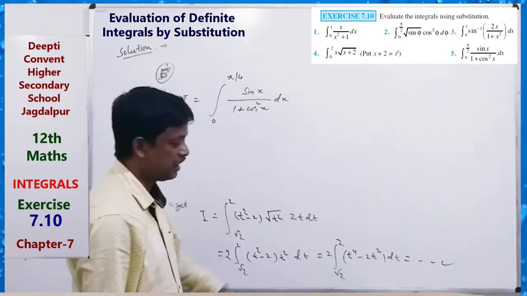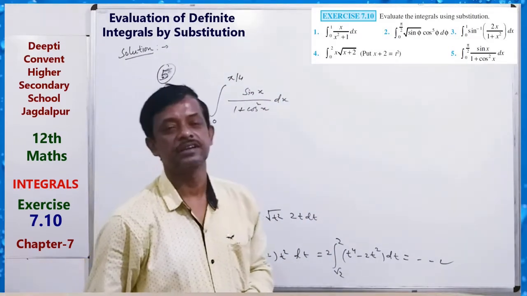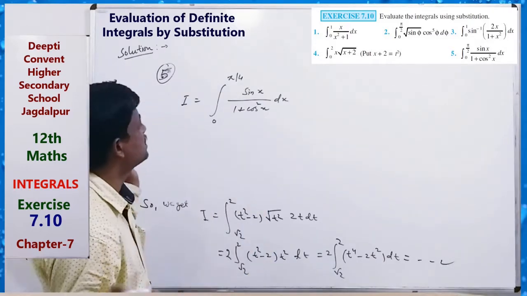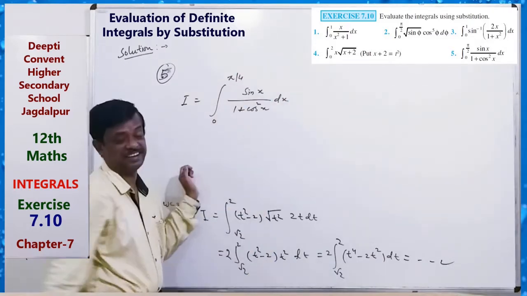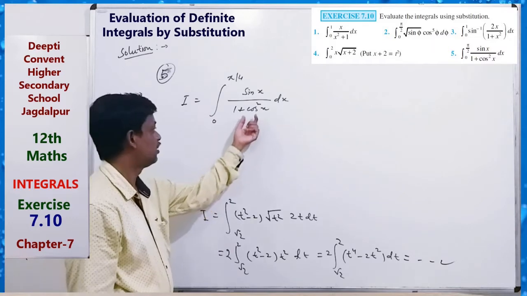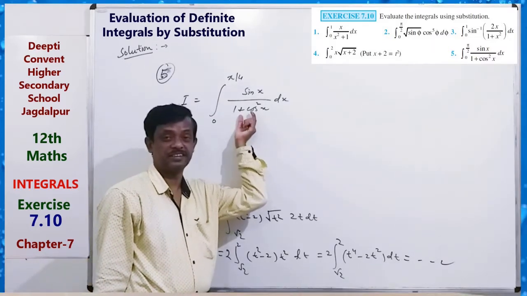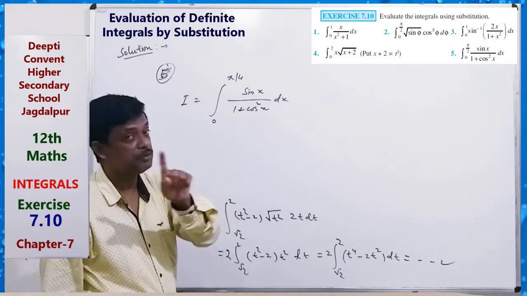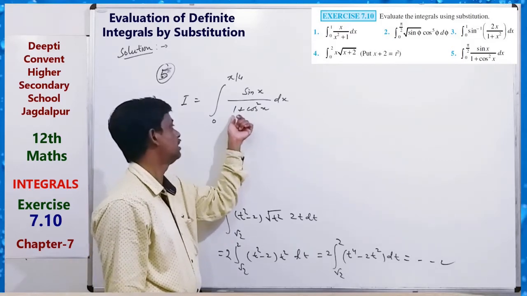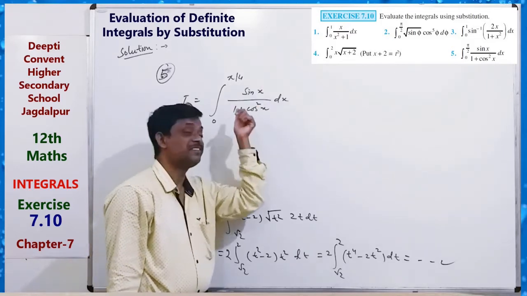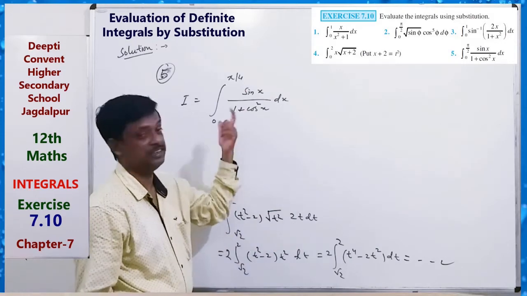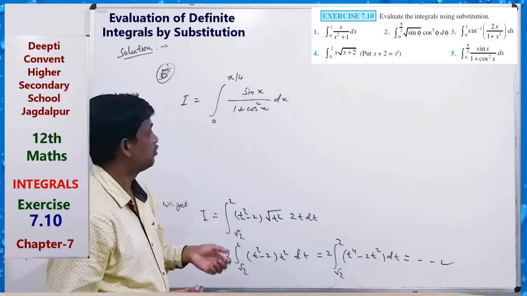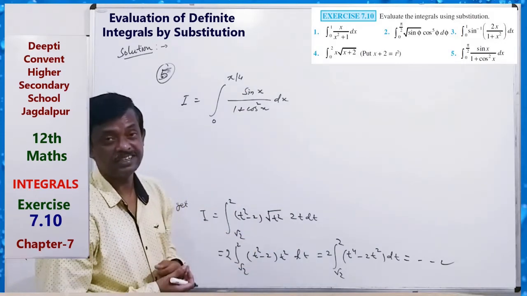Clear? sin x upon 1 plus cos square x. Here we see that sin x dx can be obtained by putting cos x equals t. If we put cos x equals t, then we get 1 upon 1 plus t square, and we know the integration of 1 upon 1 plus t square is tan inverse t.